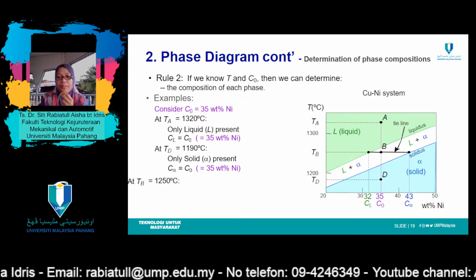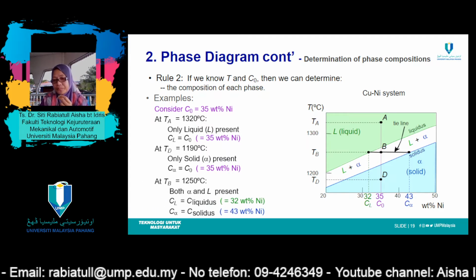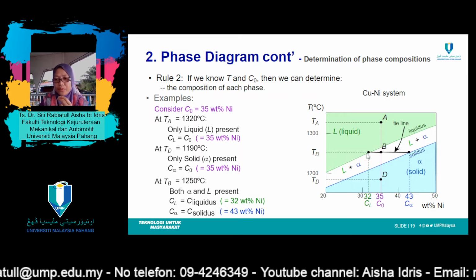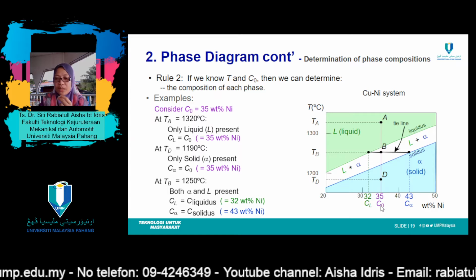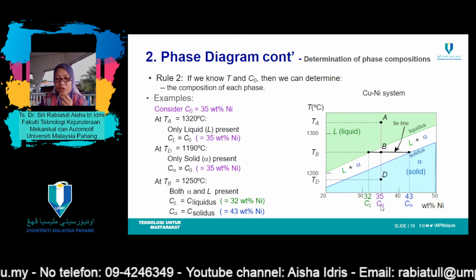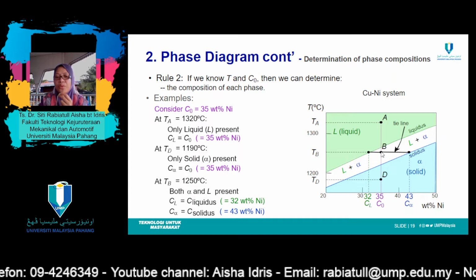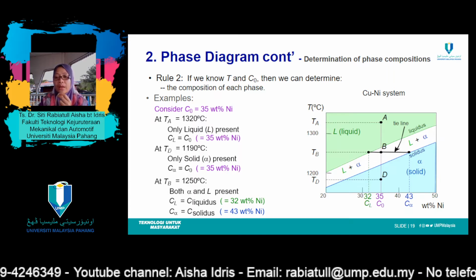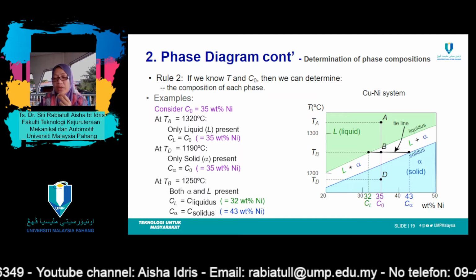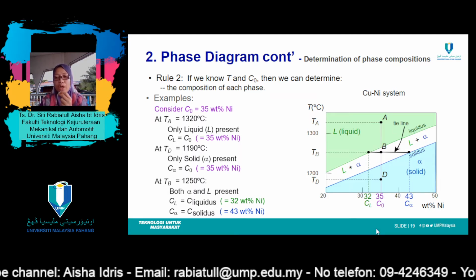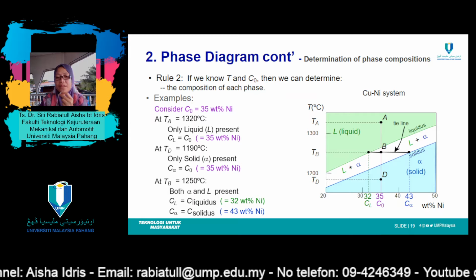However, at point B, with a temperature of 1250, C naught is still the same, 35 weight percent, and it falls in the area with both alpha and liquid, solid and liquid existing together. So how can we know the percentage of nickel?